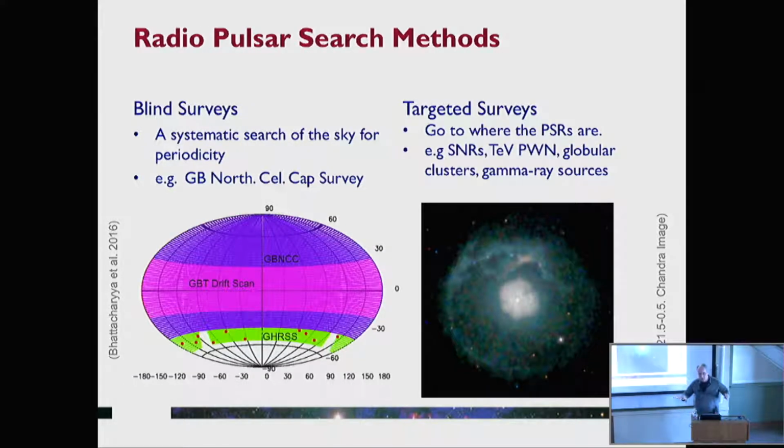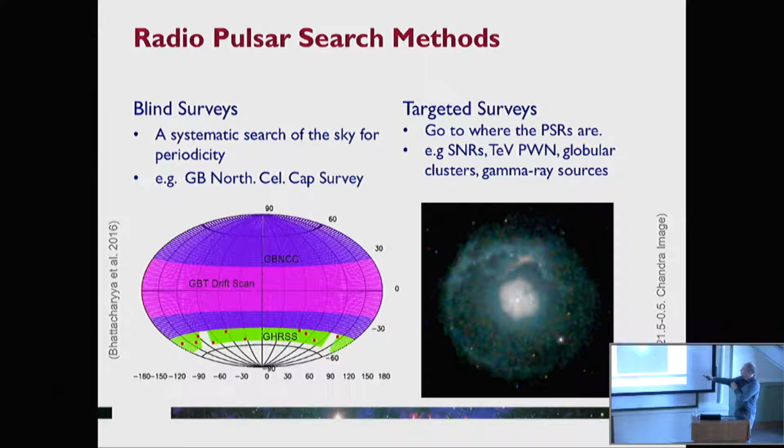Just to get you all on the same page, there's pretty much only 2 basic techniques used for searching for pulsars. There's a blind search technique, where you stare at a piece of the sky, collect time domain data as a function of time and frequency, and then Fourier transform that and look for periodicities. There are large-scale surveys of the entire sky looking for pulsars that way.